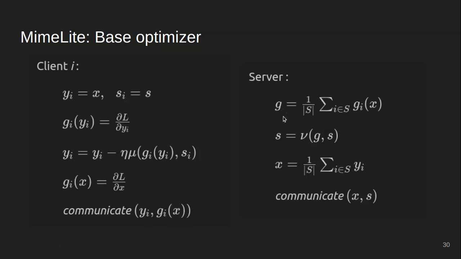On the server side, all the gradients with respect to x get averaged and stored in g, and the state gets updated using this gradient and the previous state. Then we just average x, as in the case of FedAvg.